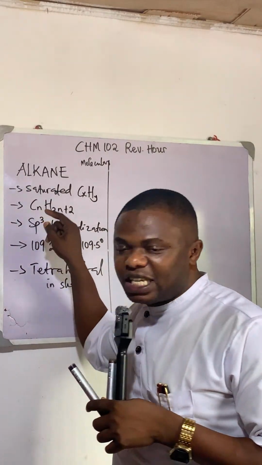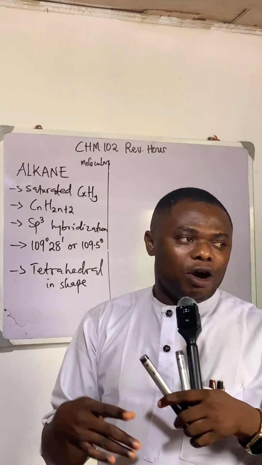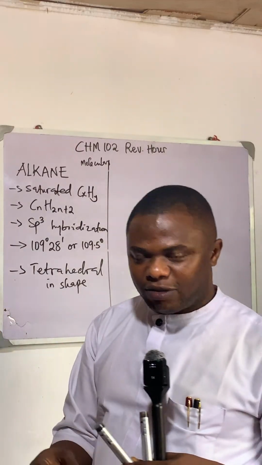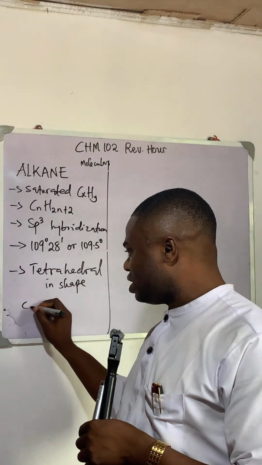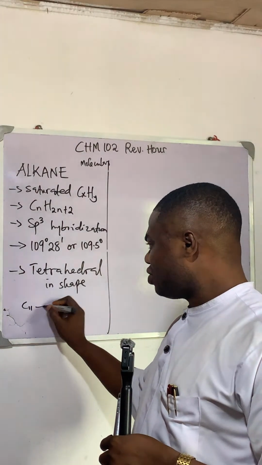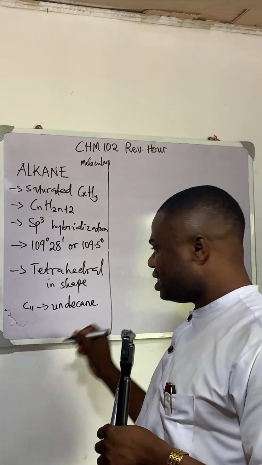Here n stands for the number of what? Carbon atoms, because it is the number of carbon atoms that tells you how many hydrogens need to revolve around it. So 11 is undecane: an alkane with 11 carbons.